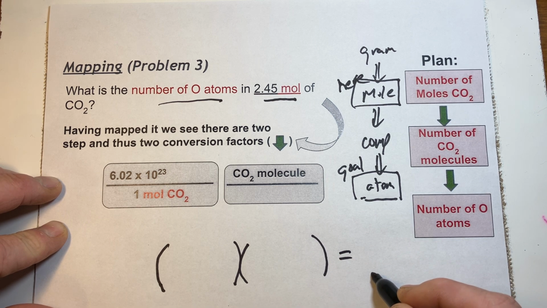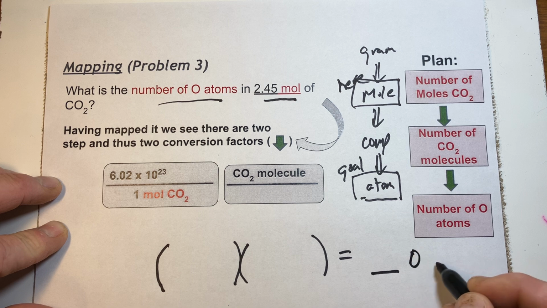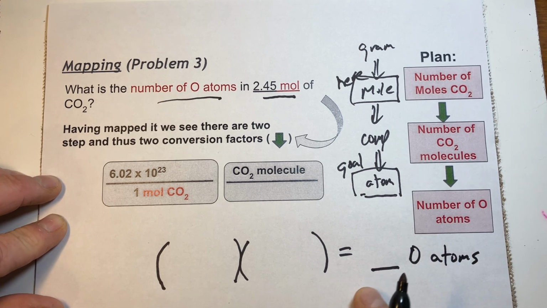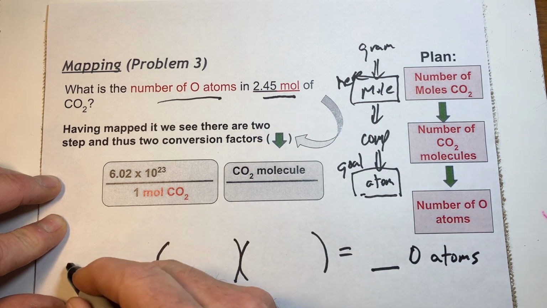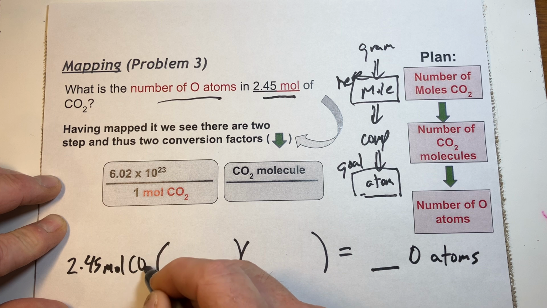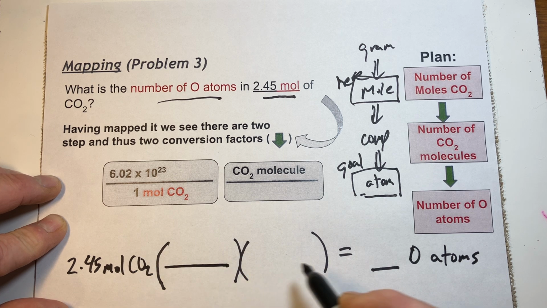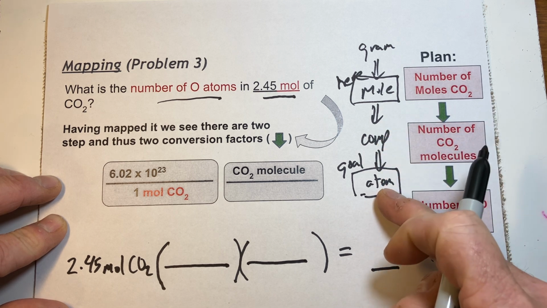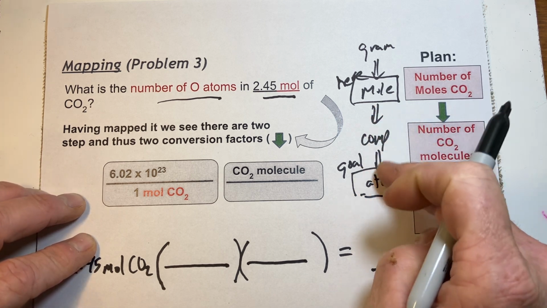It'll get me to the number of oxygen atoms. The number of oxygen atoms. And so to do that, the number they start us off with is 2.45 moles of CO2. And I know, because I've looked at my map, moles to compounds to atoms, I've got 2 conversions, 2 arrows.